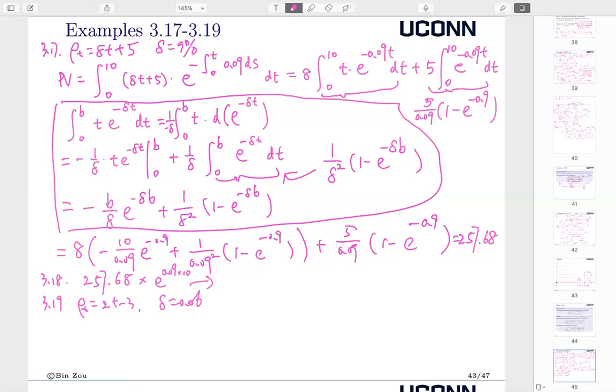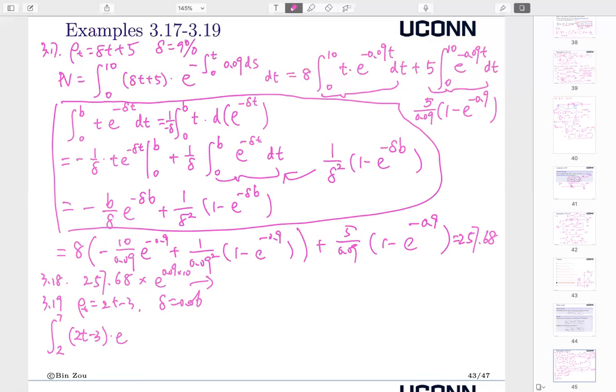Calculate the accumulated amount at 7 years. So again, the starting point is 2, the ending point is 7. That's exactly when you are going to receive this continuous annuity. The rate is 2t minus 3.